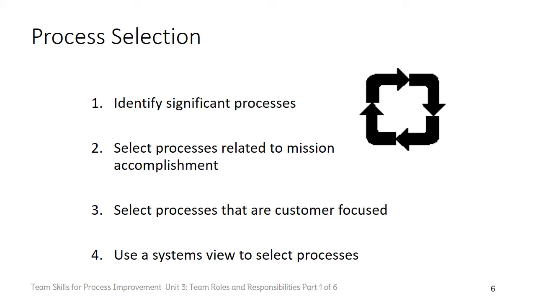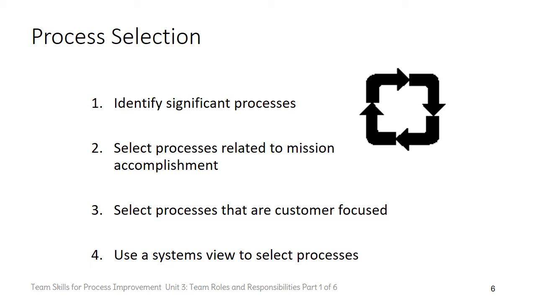2. Select processes related to mission accomplishment. One of the most common mistakes teams make when they initiate their process improvement efforts is to start with processes that are only indirectly related to the mission.